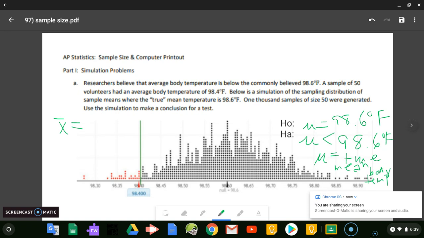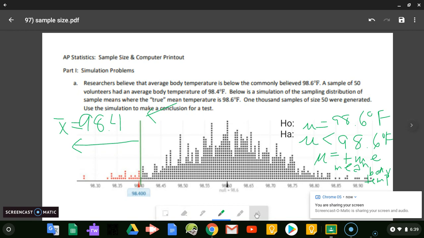The sample that we observed would be 98.4. And that's why there's this little flag here, because that's going to allow us to count up the number of times we observe a sample that has a temperature of 98.4 or less, which is what our alternative is here.